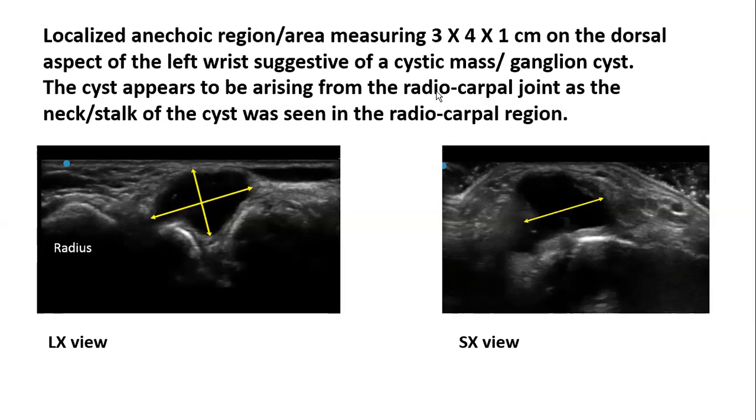But dorsal wrist ganglion cysts are very hard because they have, it's not clearly understood, a valve-like structure at the neck and stalk. So the flow is unidirectional and doesn't go back as much into the joint.